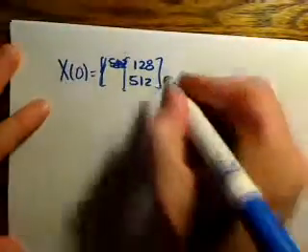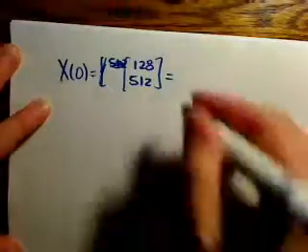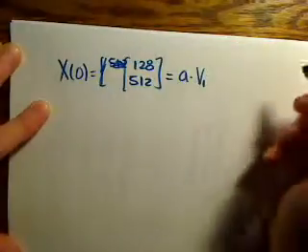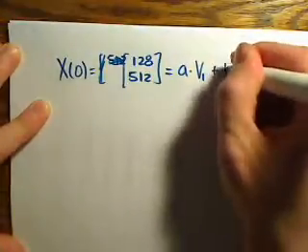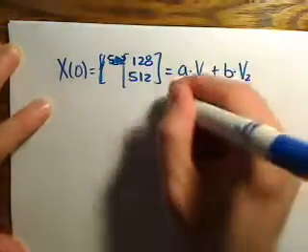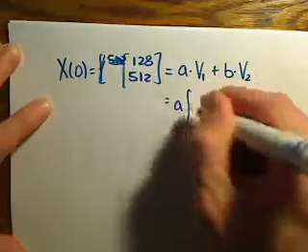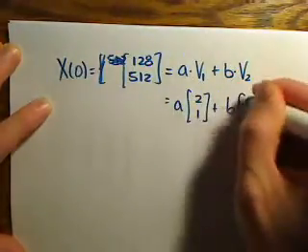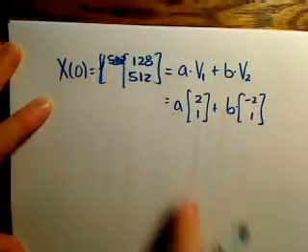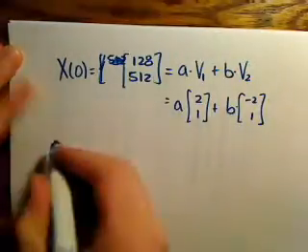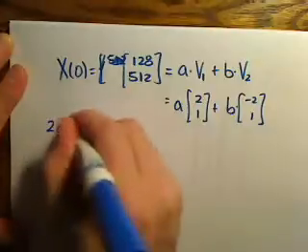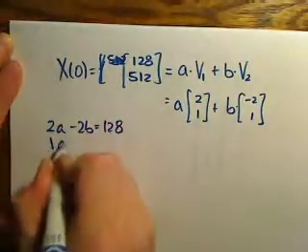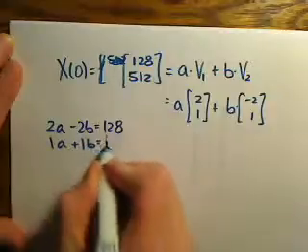I can actually rewrite that as some number, we'll call A, times the first eigenvector, plus some number B times the other eigenvector. So I'm looking for numbers A and B, A times (2, 1) plus B times (negative 2, 1). You can set up a system of equations if you want to solve it. I've pre-solved it.